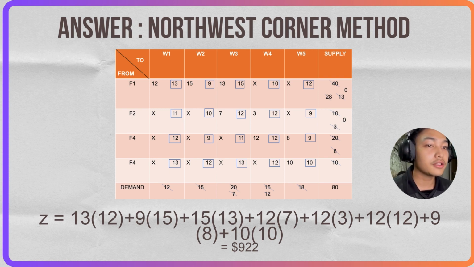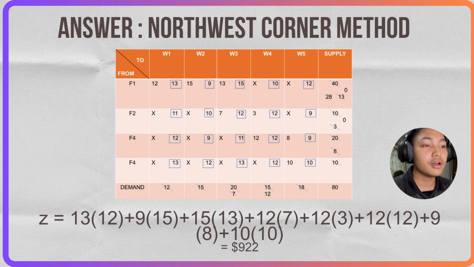The demand of warehouse 4 is 15 units, but factory 2 only has a balance of 2 units. So warehouse 4 needs to get the balance of 12 units supplied by factory 3 in order to complete the demand needed by warehouse 4.